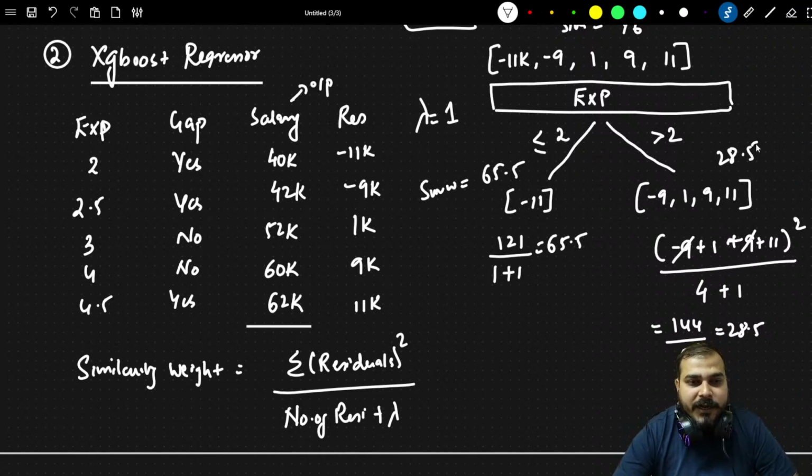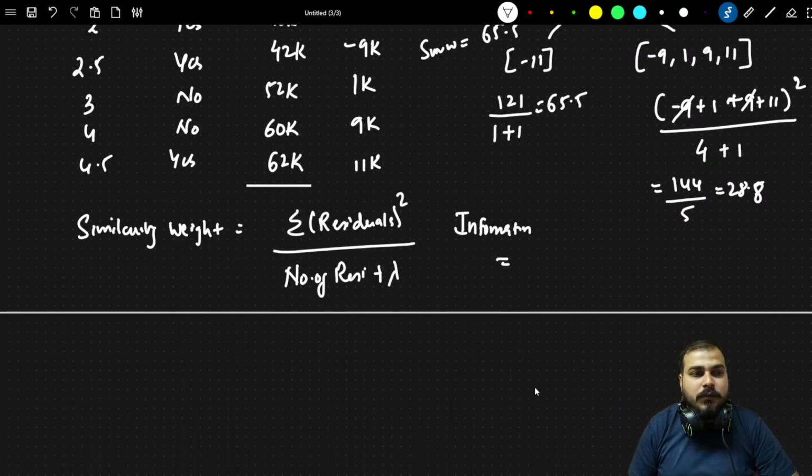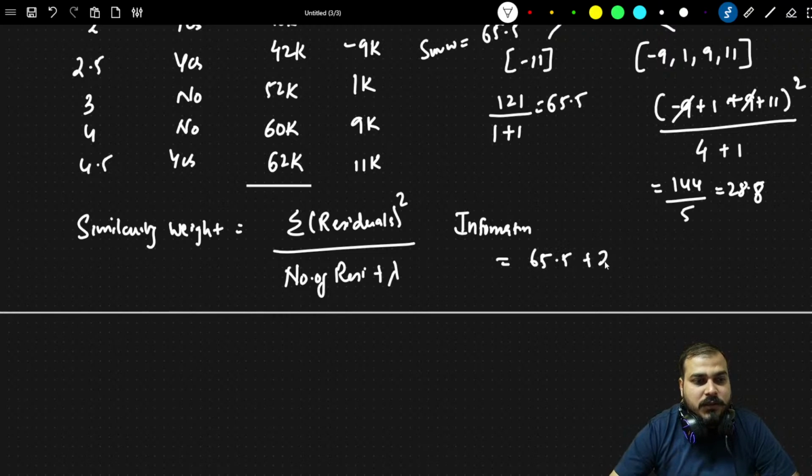Now finally, the information gain that we need to compute will be very simple. What will be the information gain? 60.5 plus 28.8 minus 1 by 6.